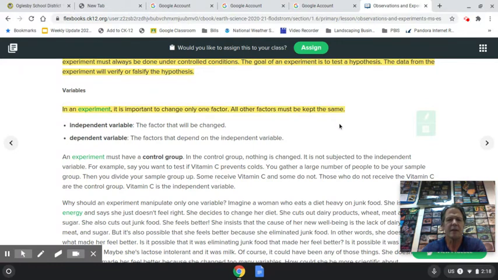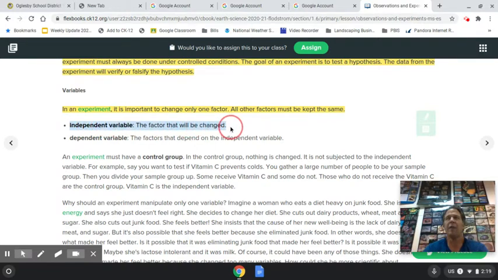Now, the one thing that you're studying or trying to figure out is the independent variable. The independent variable is the one that's going to be changed, okay? We also sometimes call that the manipulated variable.